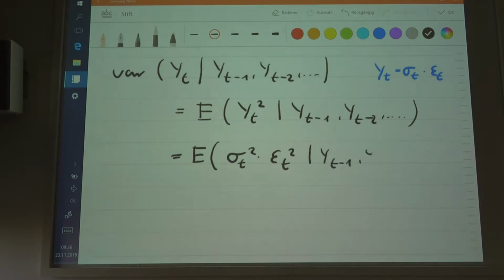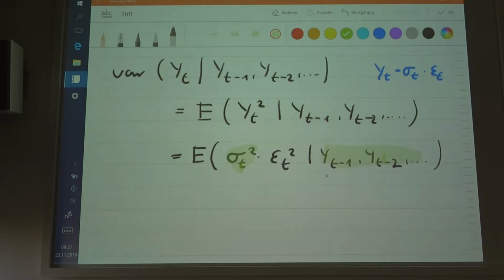Now, guys, this expression here, since it's an autoregressive expression, meaning that it depends on the past of the process yt, is basically already known.